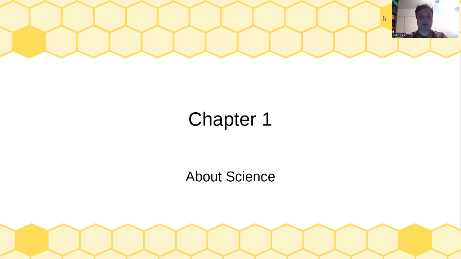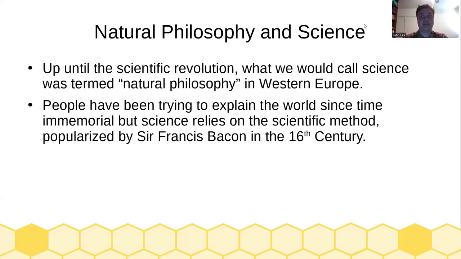Starting out, we're going to go through chapter 1 about science, which goes over the scientific method and a brief overview of what physics is versus other sciences. What we would generally term science today used to be termed natural philosophy in Western Europe up until the scientific revolution in the 16th century.